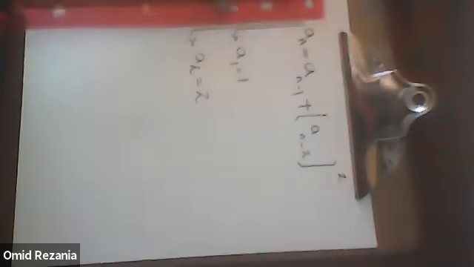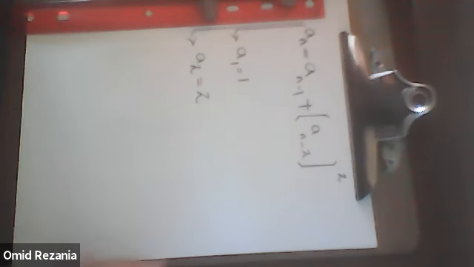Then you come here to say, okay, my third element, n equal to 3, then it means A2 plus A1 squared, which becomes how much?